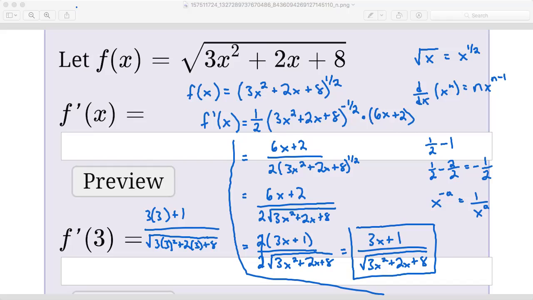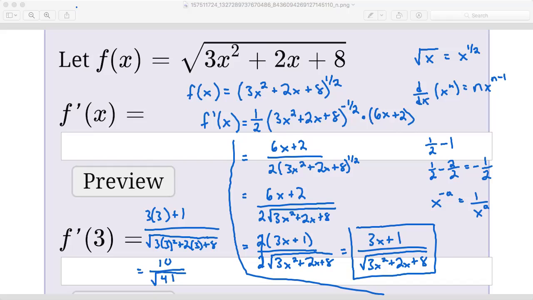So 3 times 3 is 9. 9 plus 1 is 10 over the square root of 3 times 3 squared would be 27. Then 27 plus 6 plus 8 is 41. So we'd have 10 over the square root of 41.